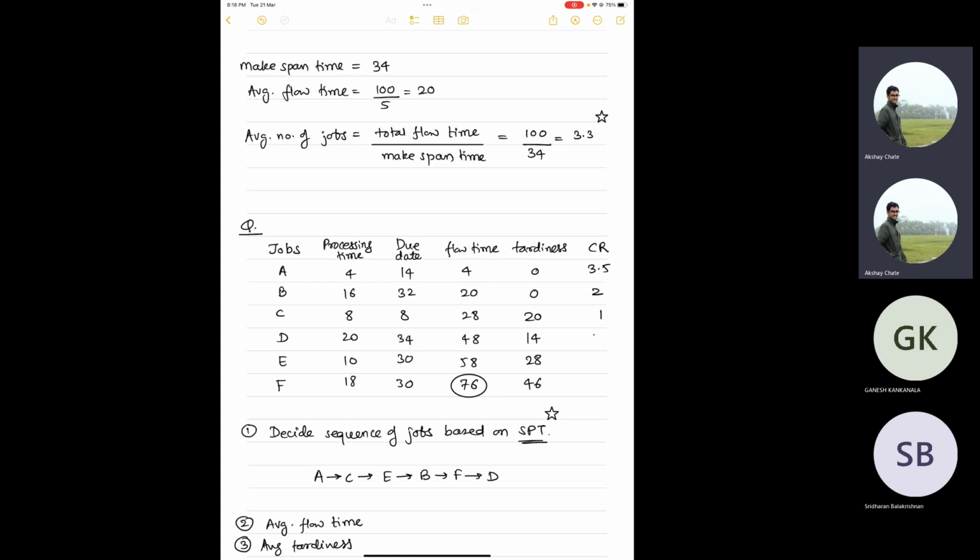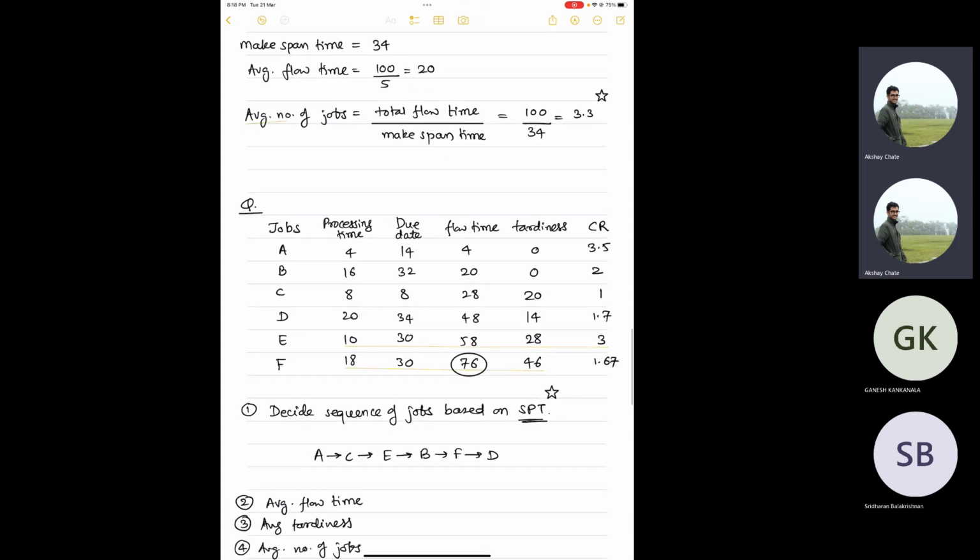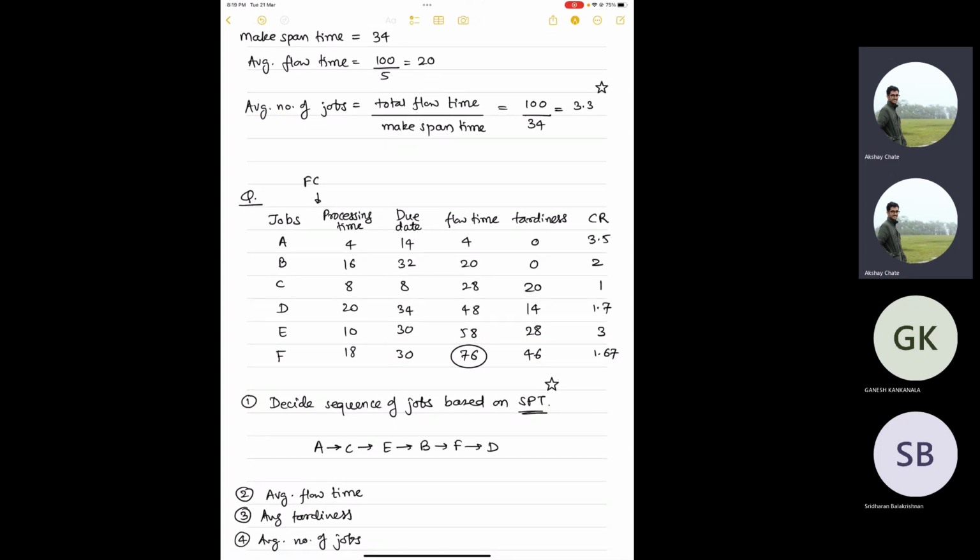This will be 1.7, 3. 15 by 9, 5 by 3, which will be 1.67. So we have calculated all this, and this is assuming FCFS, first come, first served.